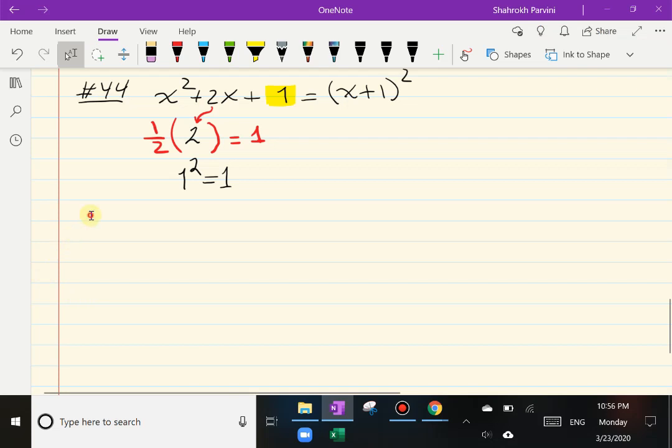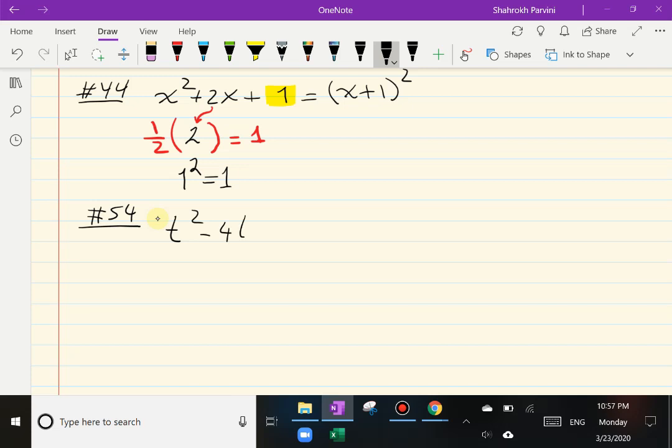So first in exercise number 54. In that exercise, the expression is t squared negative 4t, and then they say this is equal to negative 1. Okay. Now, remember, we need to create a perfect square trinomial first.